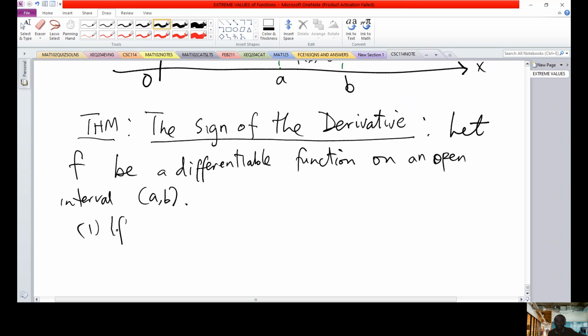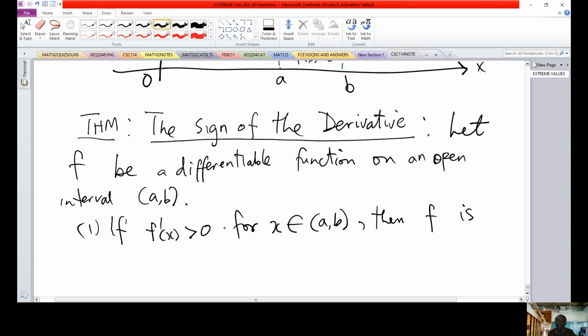Number 1, if f prime of x is greater than 0 for all x in this open interval AB, then f is increasing on AB.